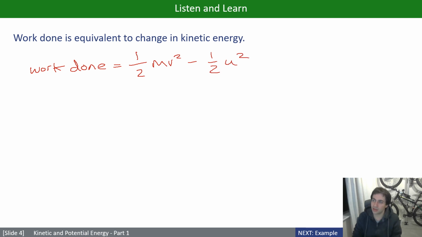So we can just write it like this: work done is half m v squared minus half m u squared. That's v the final velocity, and u is the initial velocity of the same object. Again, technically, although it's often forgotten about, we're talking magnitudes here. And that's it. In terms of why that's the case, I think I'll save that for the next part, but for now we're just going to make use of it.